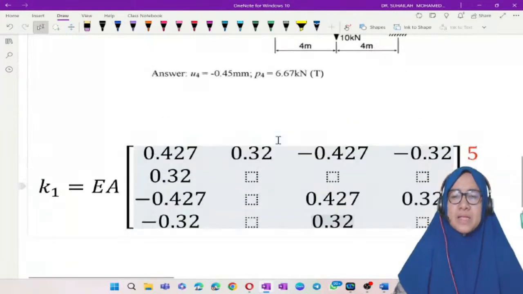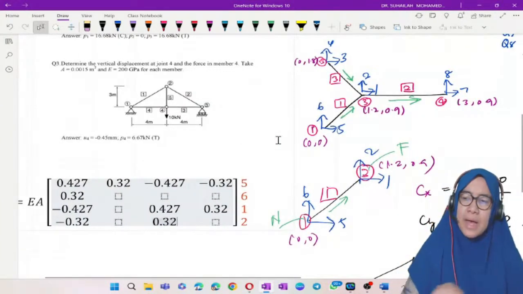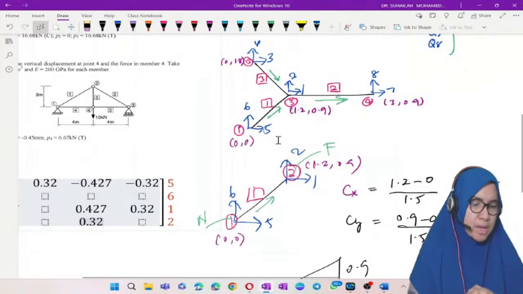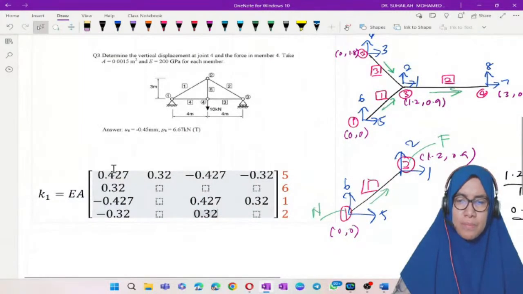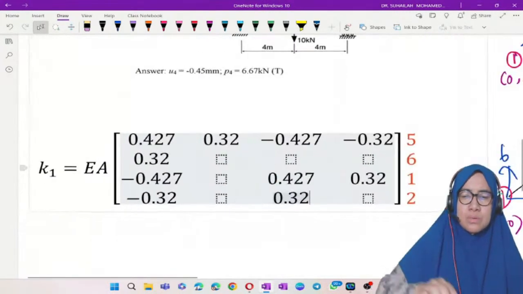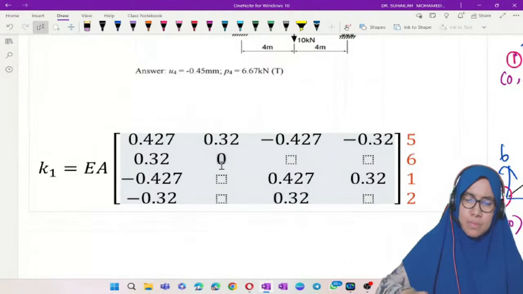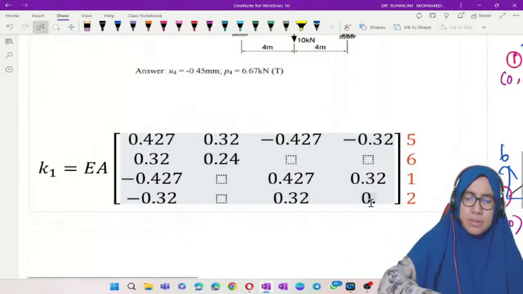Next value is Cy square over L. Cy is 0.6, so 0.6 square divided by 1.5 is 0.24. This is 0.24.